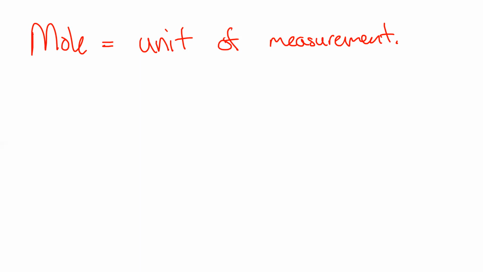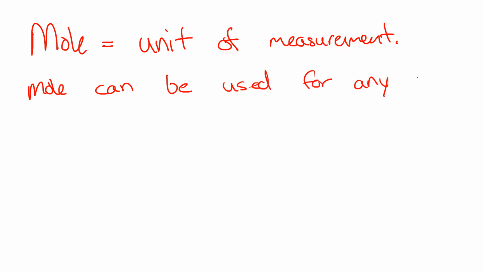Technically, the mole can be used for any object or thing. There can be a mole of anything. Okay? You could say 1 mole of people, 1 mole of cell phones, 1 mole of elephants, 1 mole of stars in the sky. It doesn't actually apply to necessarily anything specific.